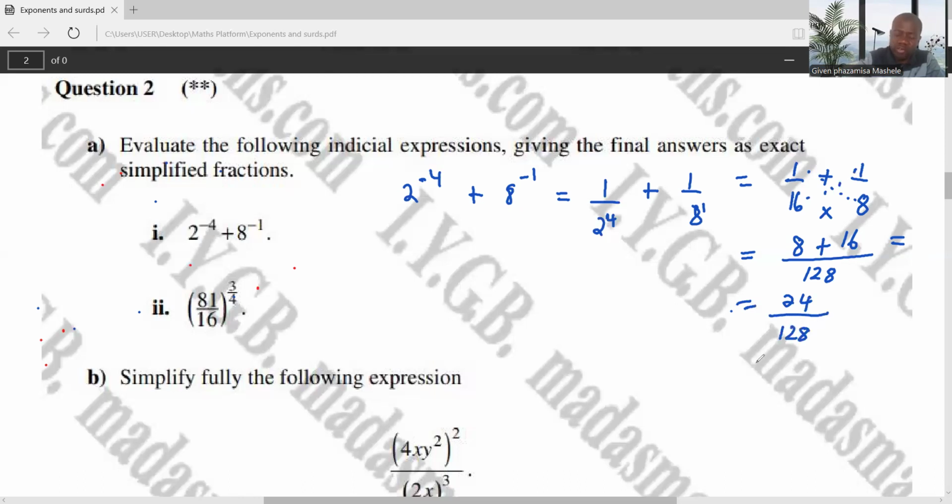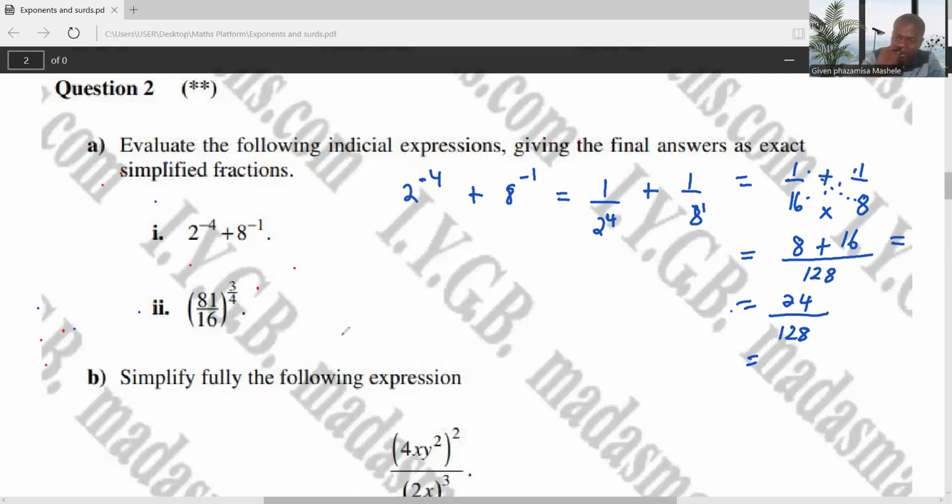And we can now look for a number that goes into 24 and 128. I believe that number would be 8.